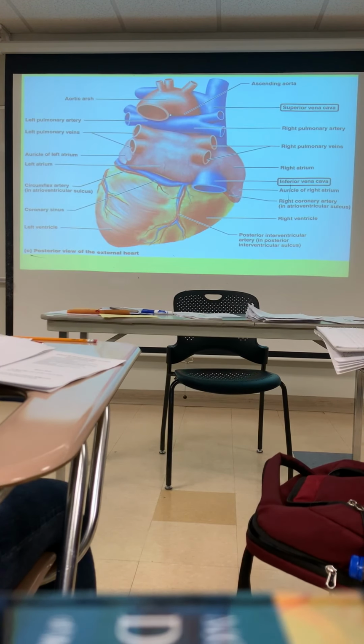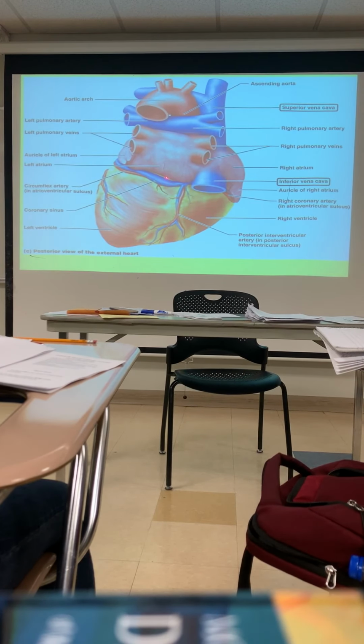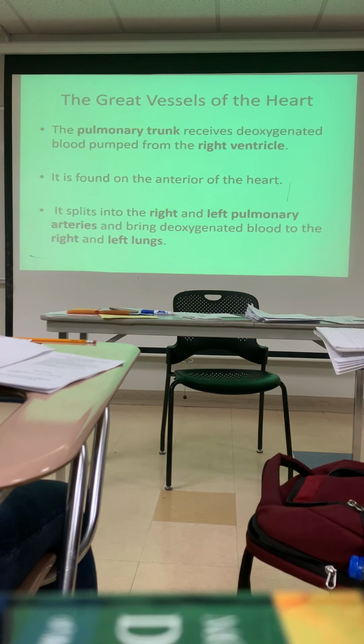Okay? So on the other side, if you look again, this is vena cava, inferior, superior, and then you have your pulmonary artery coming from the trunk, and then you have your coronary sinus. Yeah. So the counterpart of coronary sinus is the circumflex artery. So pulmonary trunk receives deoxygenated blood from the right ventricle, and then right and left pulmonary arteries bring deoxygenated blood to the lungs.